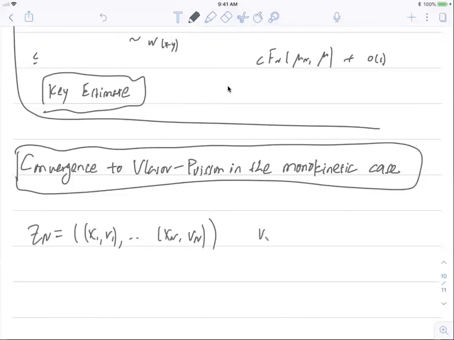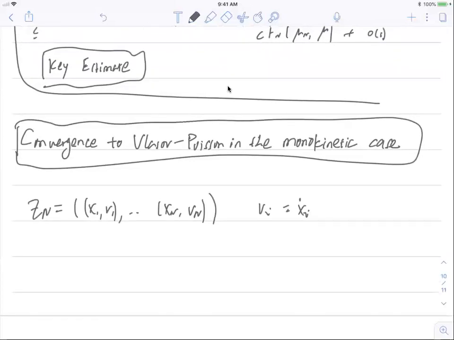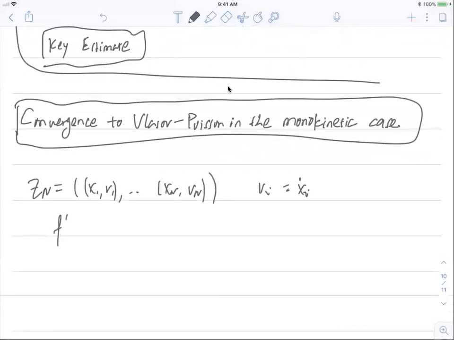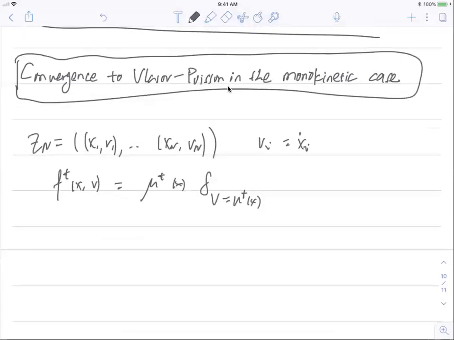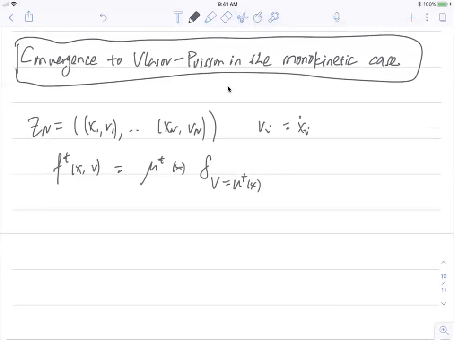Of course vi is the velocity and xi is the position. So in the limit, ft xv is given by mu t x delta, so the velocity is given by a function, ut x. So the setting is like before. So the quantity they used is the following.